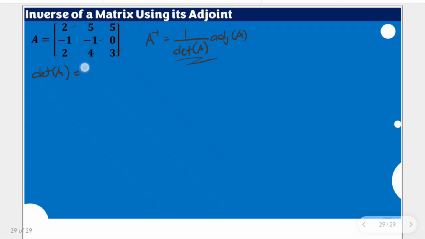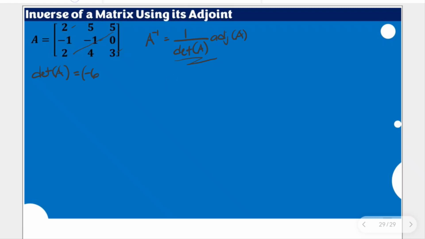I have negative 6. All the movements from upper left to bottom right are positive, or I mean addition. We are going to add all of them, and all the products from upper right to bottom left would be subtraction.